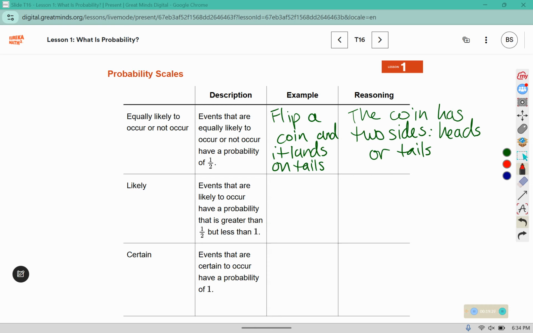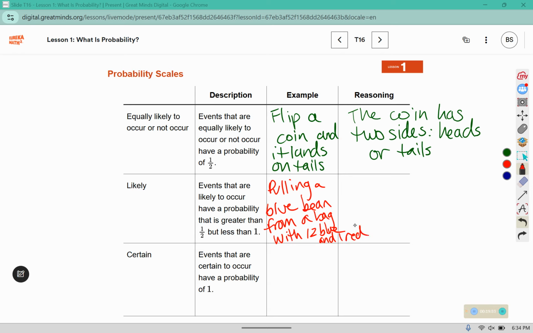This might be something like pulling a blue bean from a bag with 12 blue and 1 red.